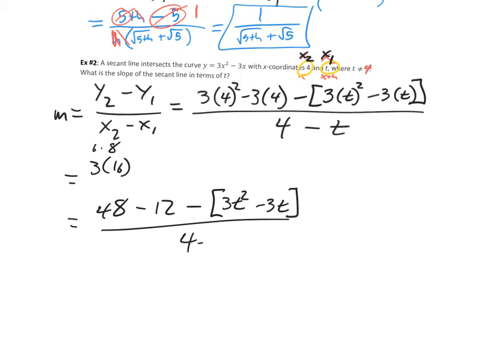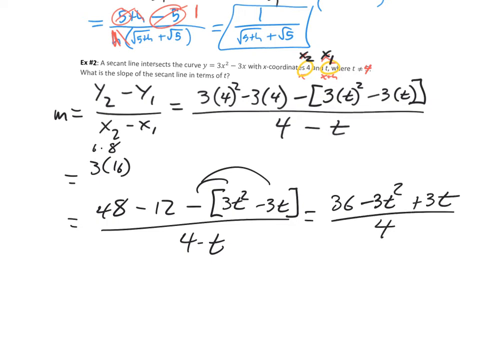And on the bottom, I still just have 4 minus t. I'm just going to keep simplifying this. 48 minus 12 is obviously 36. And then if I distribute this negative, I would get negative 3t squared and positive 3t, again all over 4 minus t. And now I think this thing is going to simplify even more.